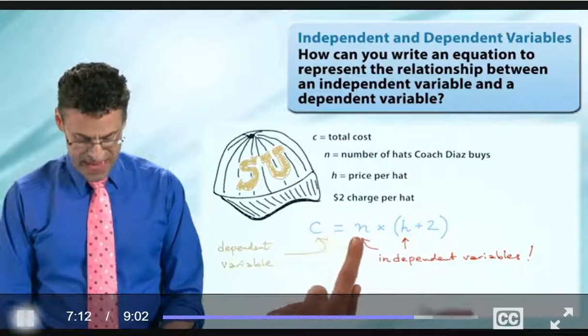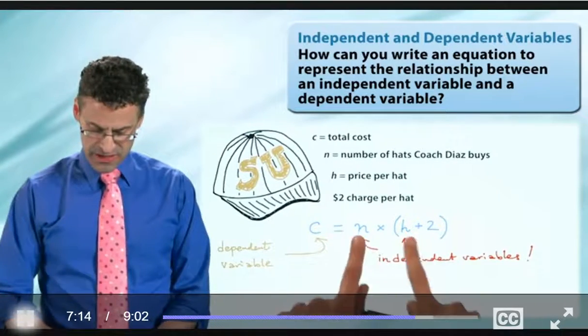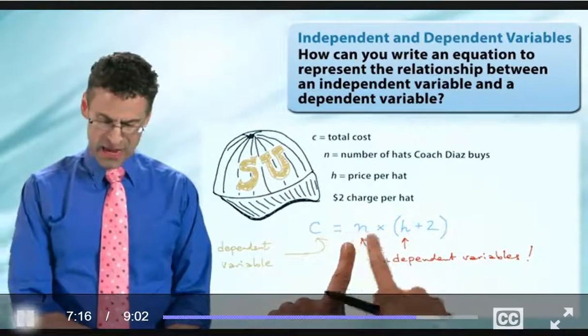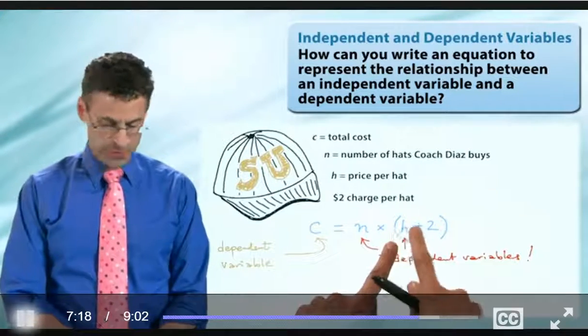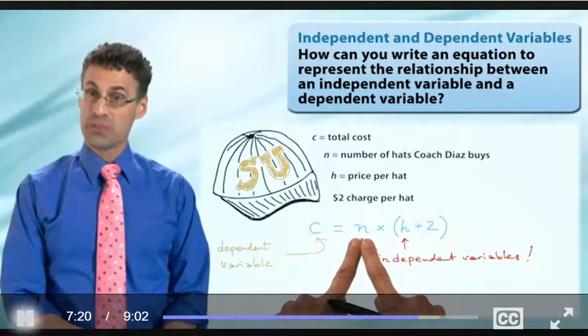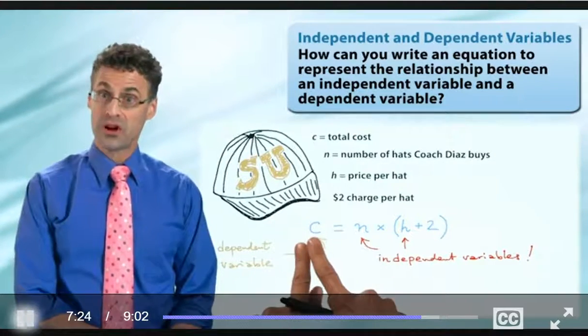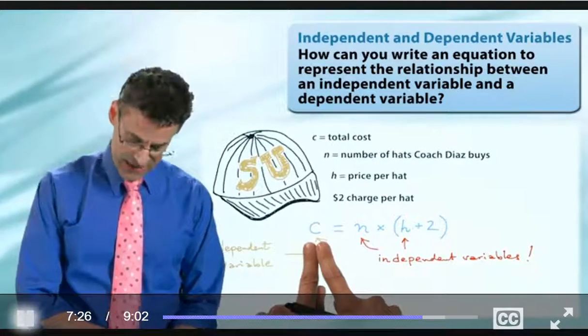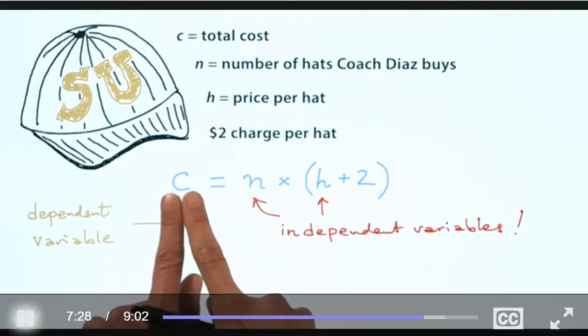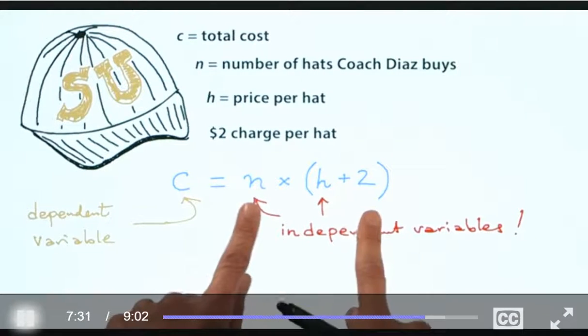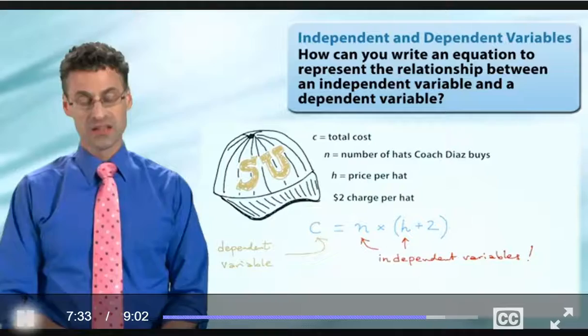So this depends upon our knowledge of these two. These can be anything. Any number of hats can be ordered at any price. But once I know the number of hats and once I know the price, that will then determine the cost. So this is dependent because it depends on this. Do you see that?